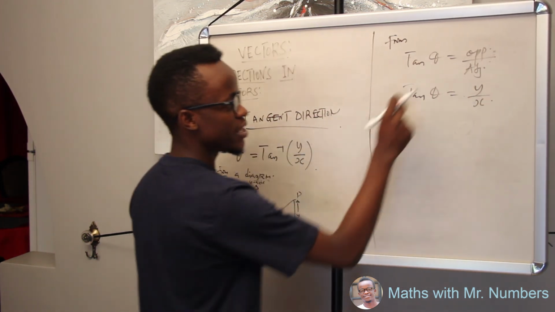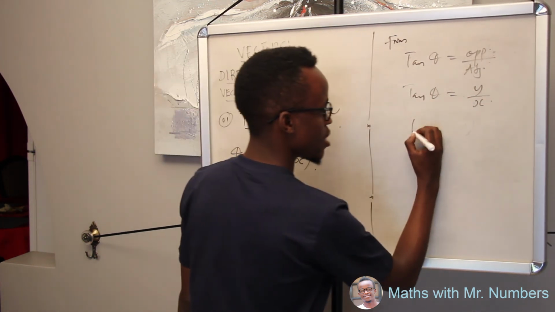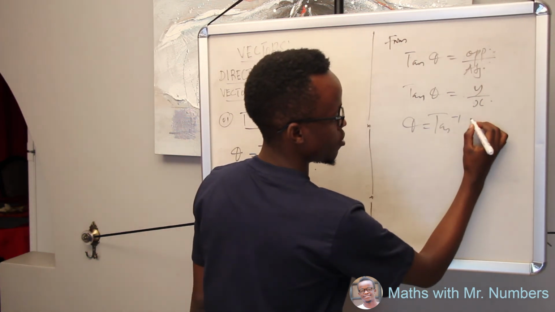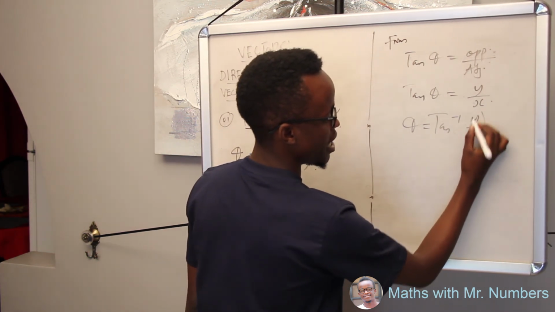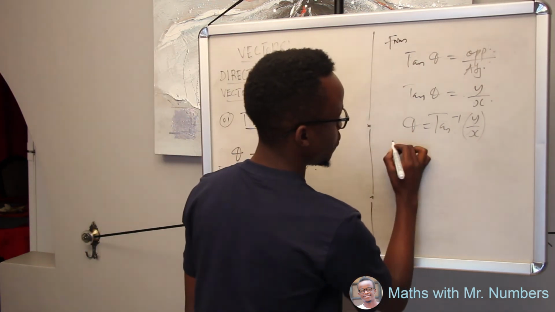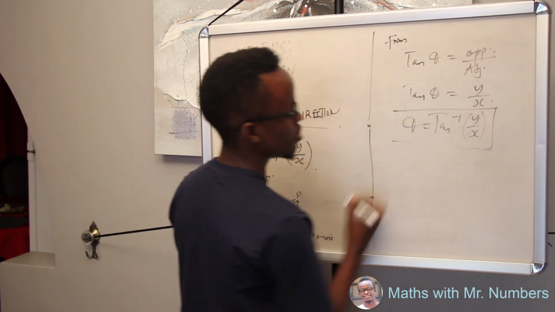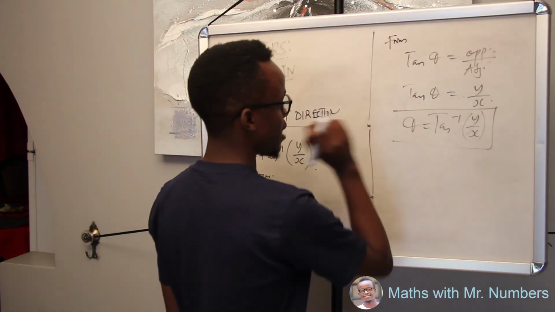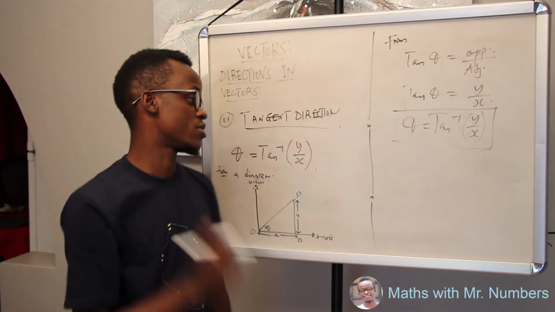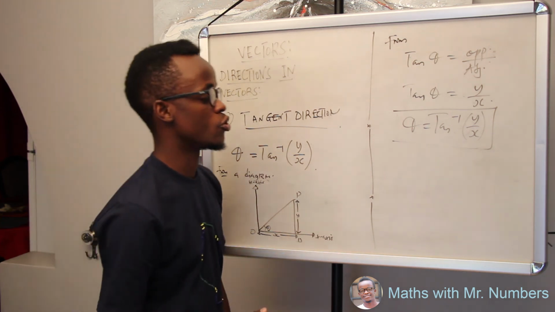Therefore, to find the value of theta, theta equals tan inverse of y divided by x. To find the tangent direction of vectors, you have to find the value of y and the value of x, then divide, then find the tan inverse of that ratio.